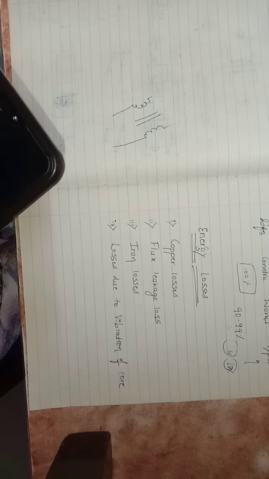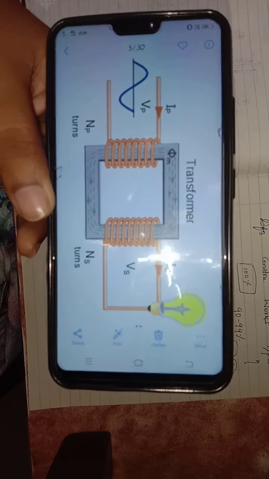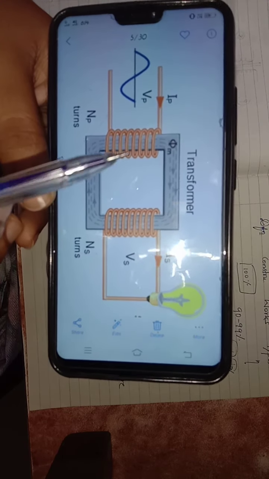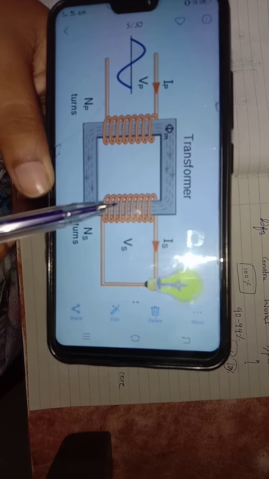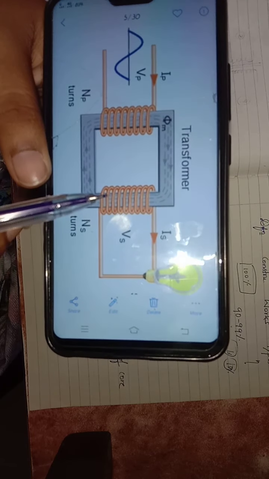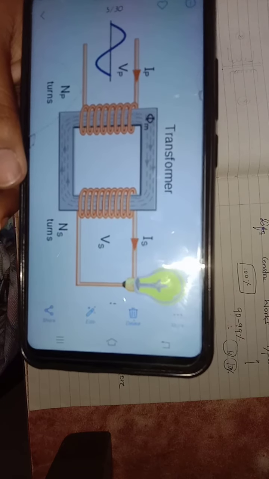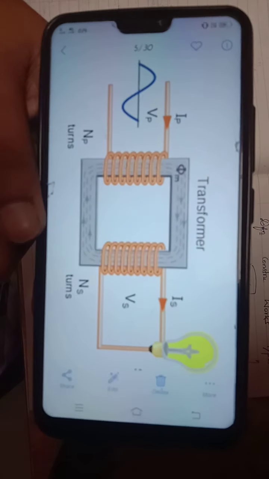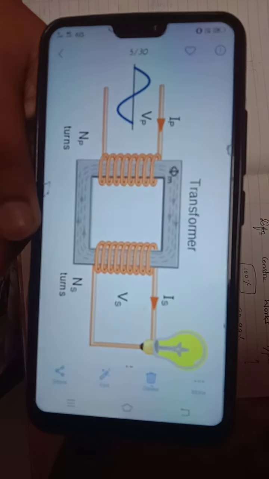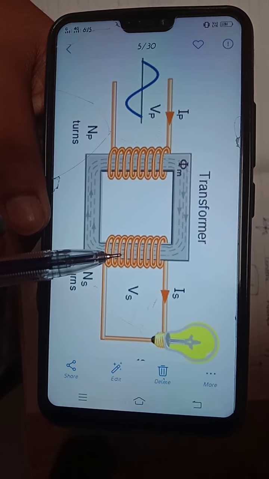See here, in this diagram. Here we have a primary coil, here we have a secondary coil. This is the diagram of the transformer. In the transformer diagram we have one primary coil and one secondary coil.